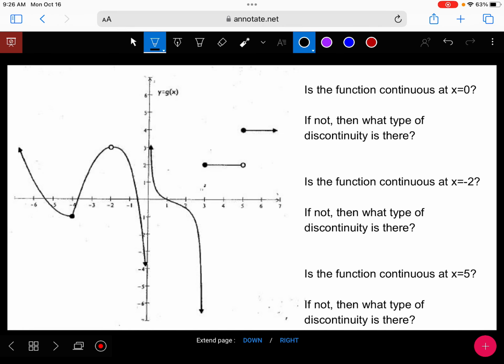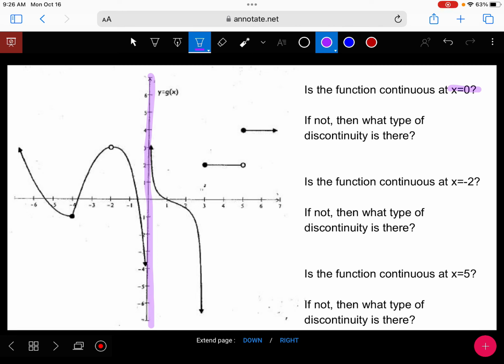Okay. Last 3 questions. They're just kind of spread out on my page. Okay, I guess it's 6 questions. Is the function continuous when x equals 0? Right here? x equals 0, that's right here.